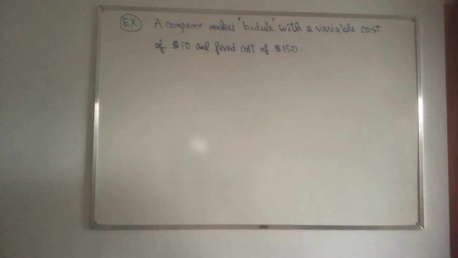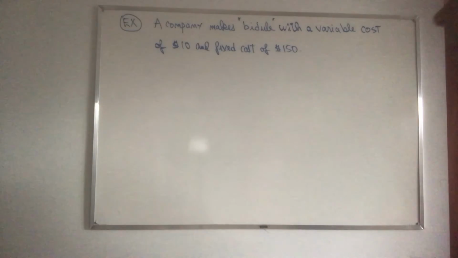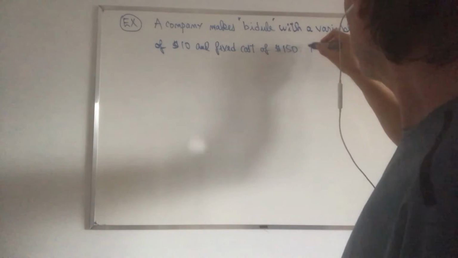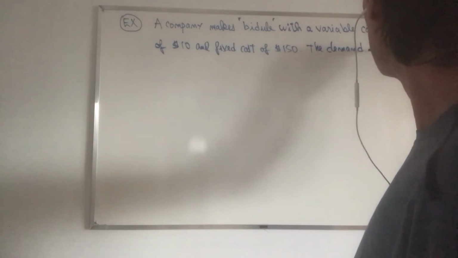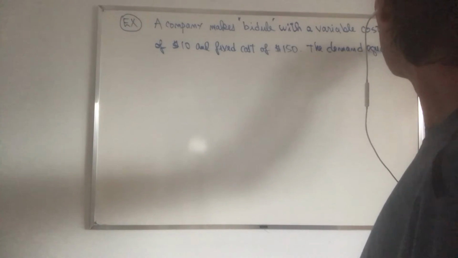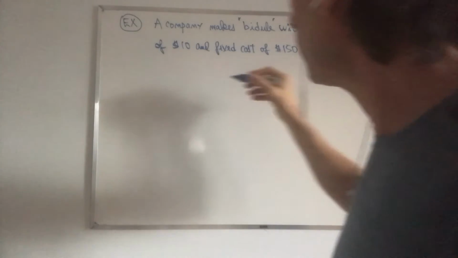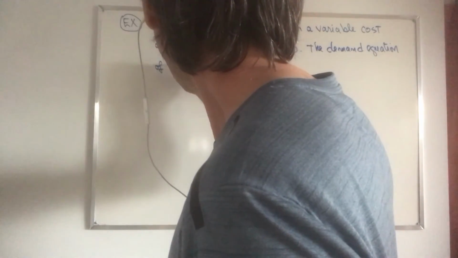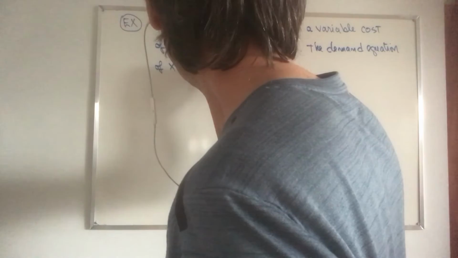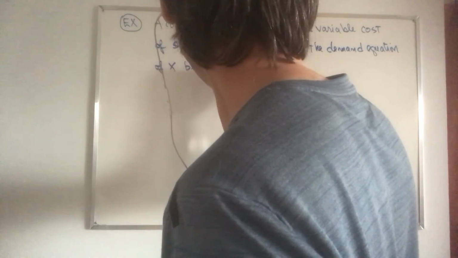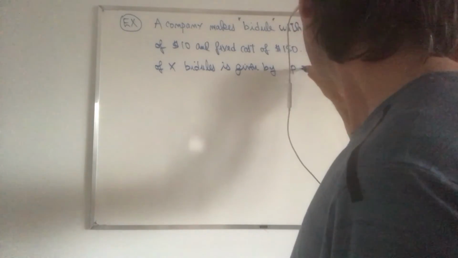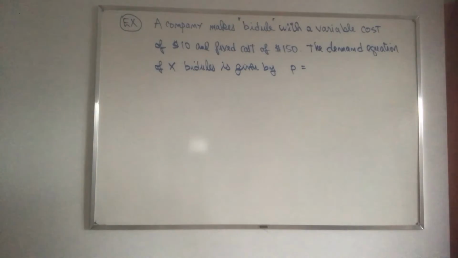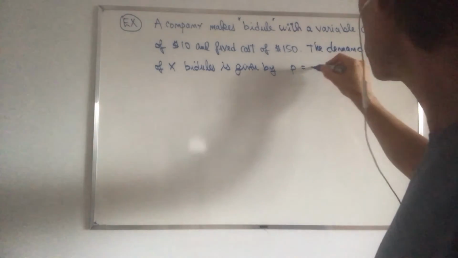plus variable. Very good. Okay, now we also know that the demand equation for X bidoules is given by P is equal to, say, minus 2x plus, say, 300.